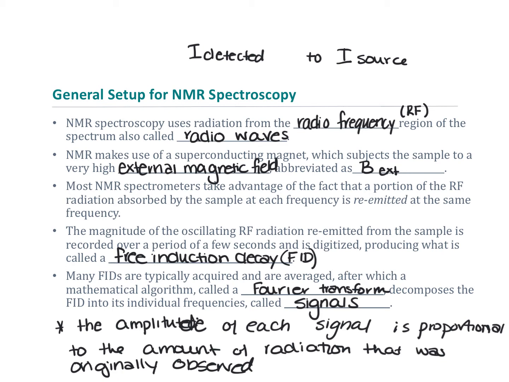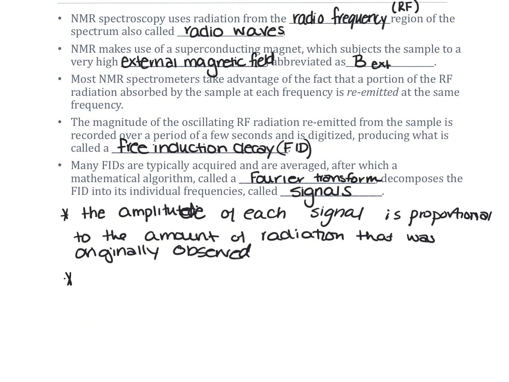where relative absorbance is plotted on the y-axis against a characteristic radiation on the x-axis. As I mentioned before, on the x-axis, what you're going to see is something called a chemical shift. It is often abbreviated using the lowercase Greek letter delta, and that's just a measure of the relative frequency.